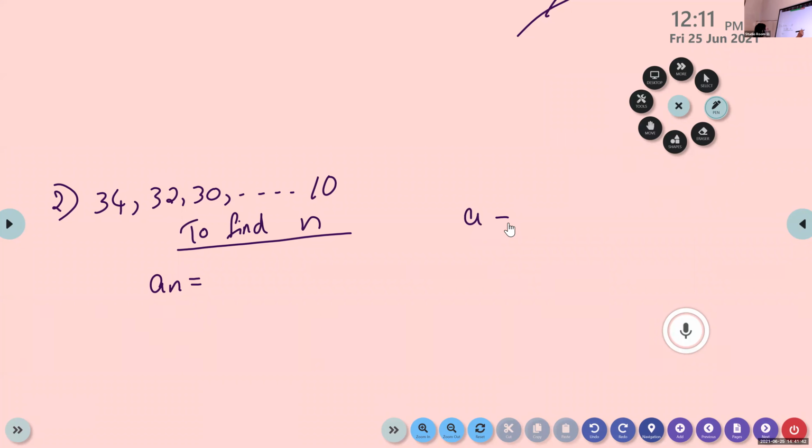So a equal to 34. d equal to 32 minus 34. an equal to 10.